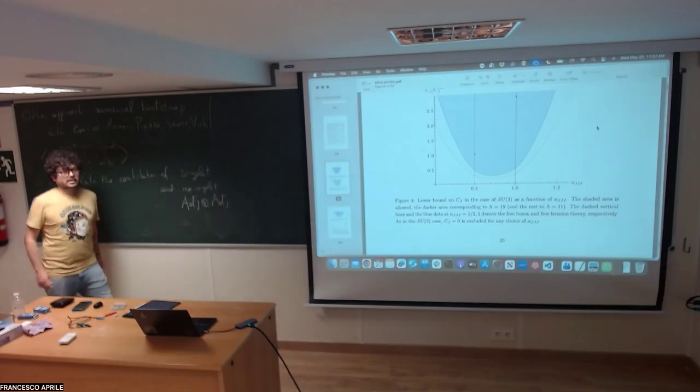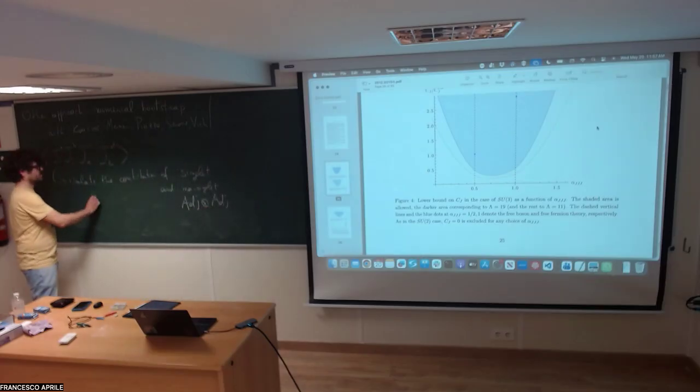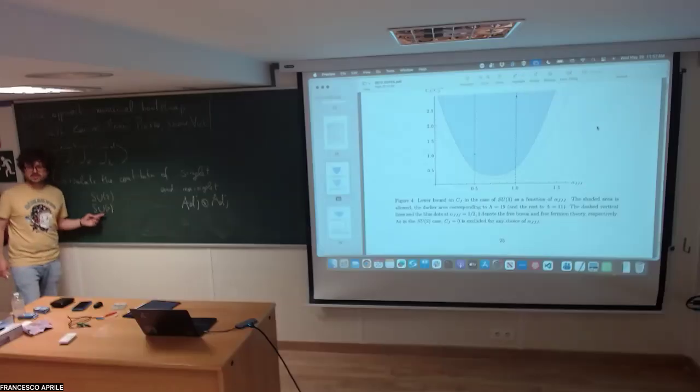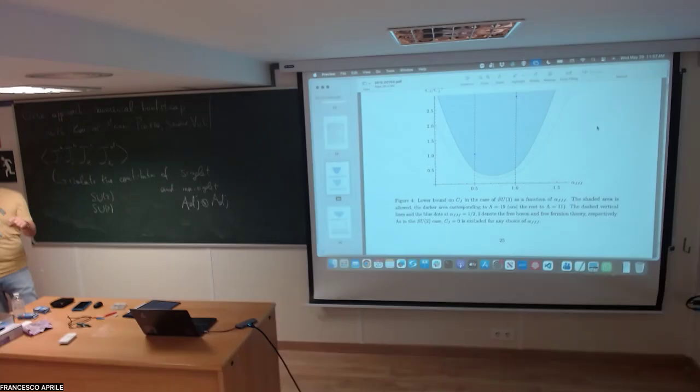We focus on the cases of SU(2) and SU(3), and the most interesting case is one you remember from before, where I told you about a dimension 4 minus something. That particular operator does not exist for SU(2) because the d^{abc} symbol does not exist. So in a sense, it's slightly more interesting to study this problem for SU(3).